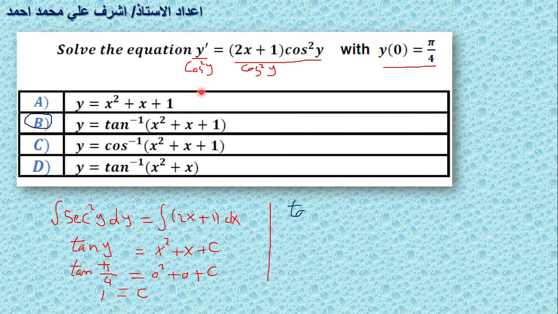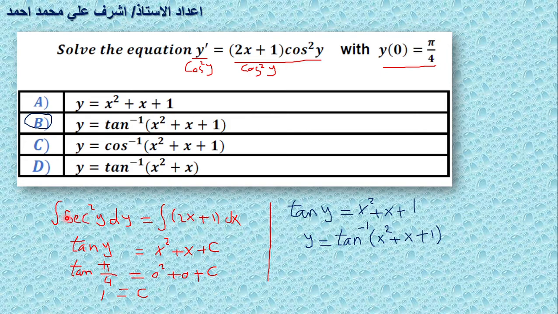So we'll divide both sides by cosine squared y. We'll get y prime over cosine squared y. The reciprocal of cosine squared is secant squared y dy. Okay, now cosine squared with cosine squared cancels, and we get 2x plus 1.